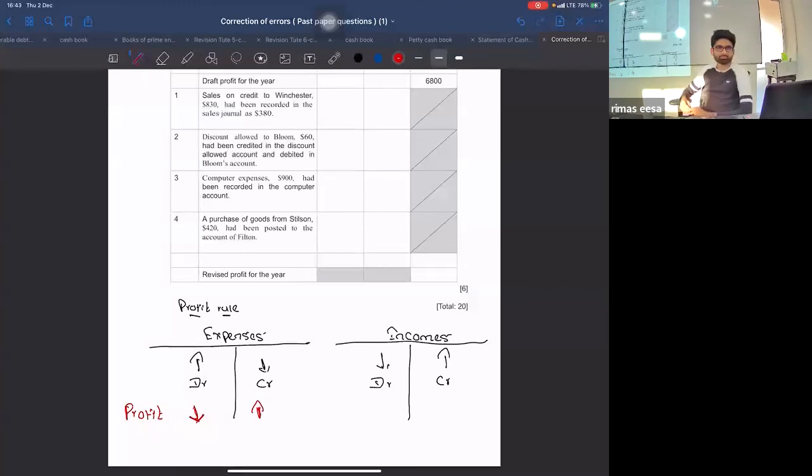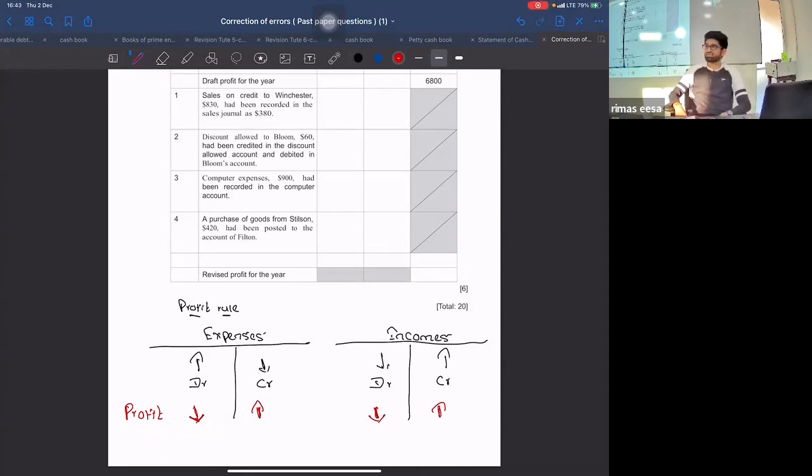Increase. Okay. Now come to the income account. When incomes are reducing, what will happen to my profit? Reduce. Put a reducing line. When incomes are increasing, what will happen to my profit? Increase. Put an increase line.